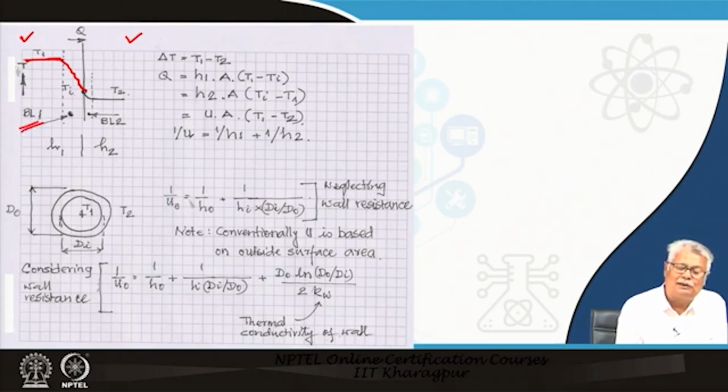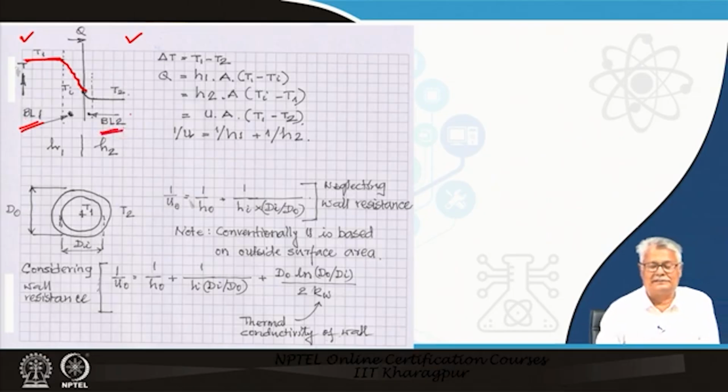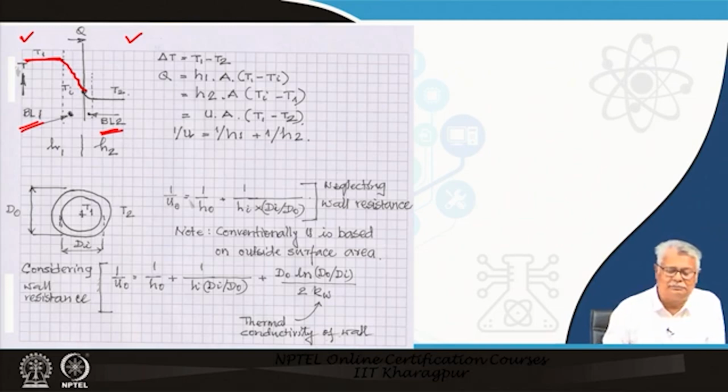So, there is a boundary layer 1 to the left and a boundary layer 2 to the right side. In fact, these are called thermal boundary layers. How is it defined? It is more or less a hypothetical assumption: the thickness after which the temperature becomes 99.9% of your bulk temperature is practically the end of the boundary layer.